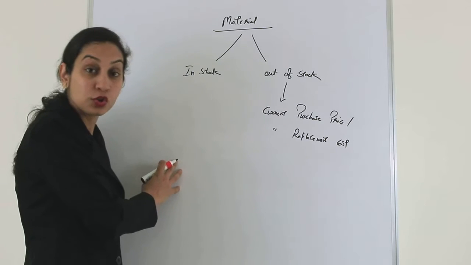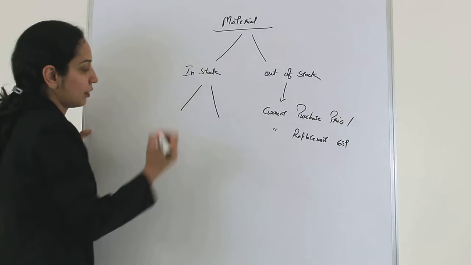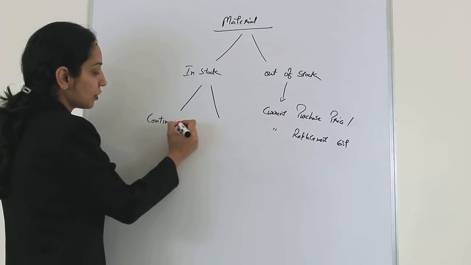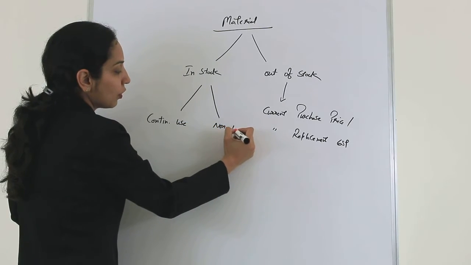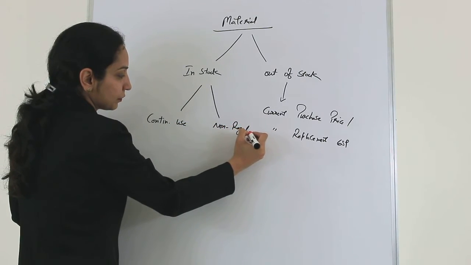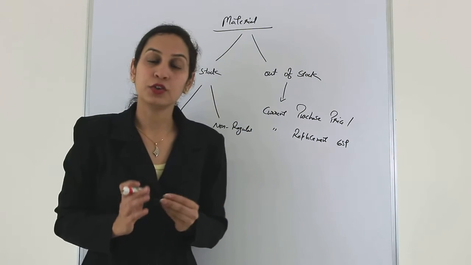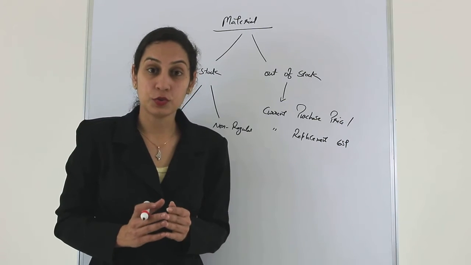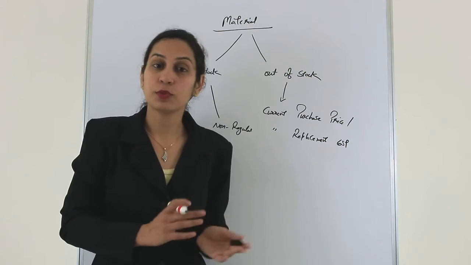Now let's talk about the next situation. The material is already in stock. There can be two scenarios here. One, the material is in continuous use, and another could be non-regular use. The first situation is that you are doing the production right now, and the material which you are using for the current production can also be used for the new production.